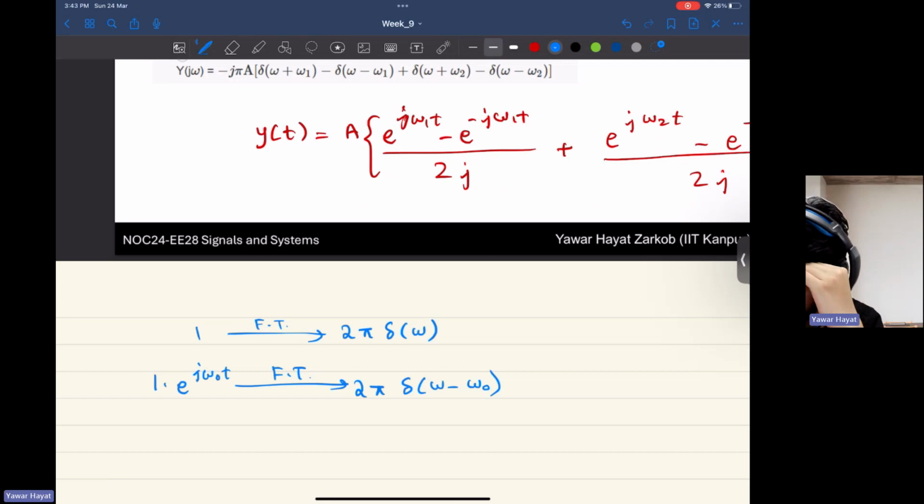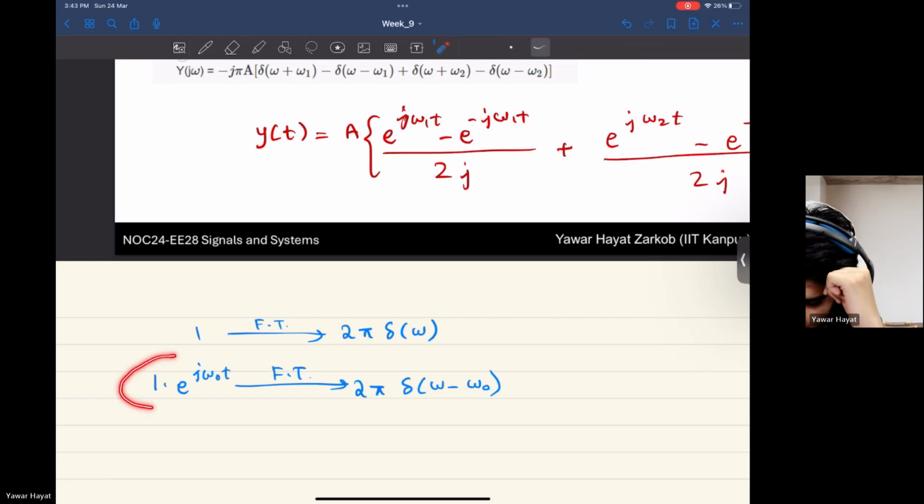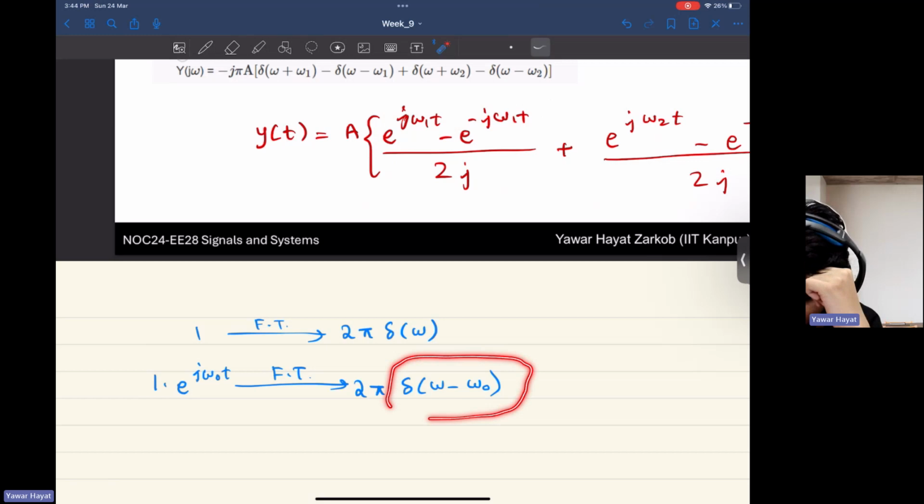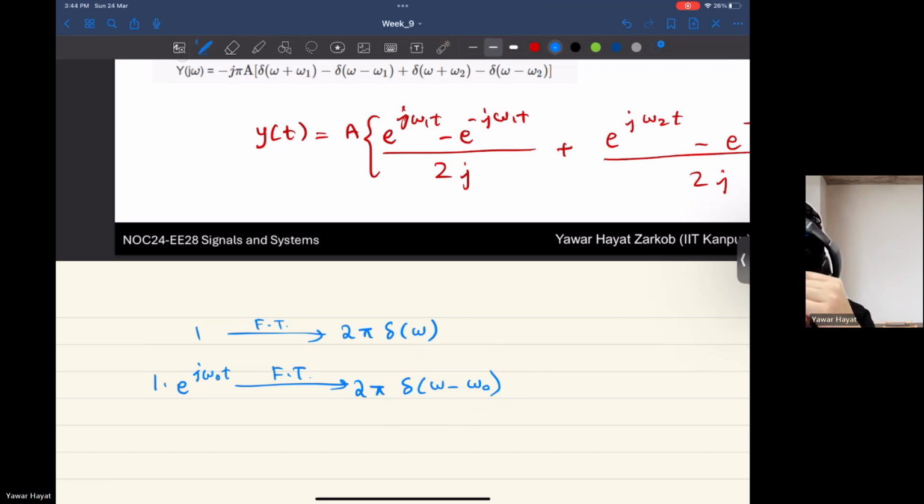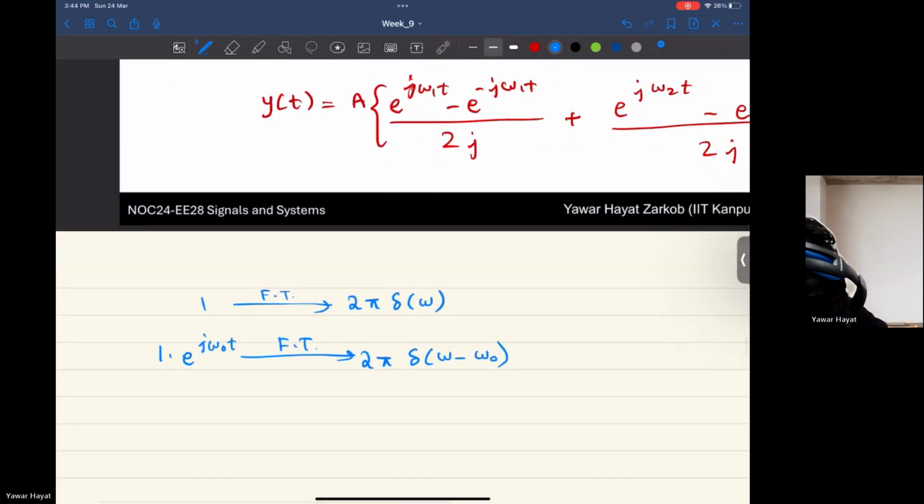Okay, so we'll use this one as we have done earlier as well. So for all these complex exponentials, in the Fourier transform we'll find them in terms of their delta function representations. Let's do that.